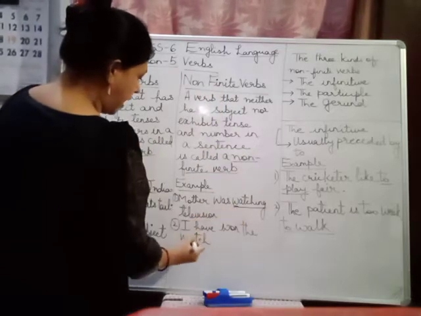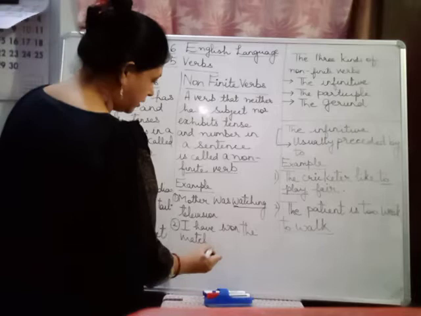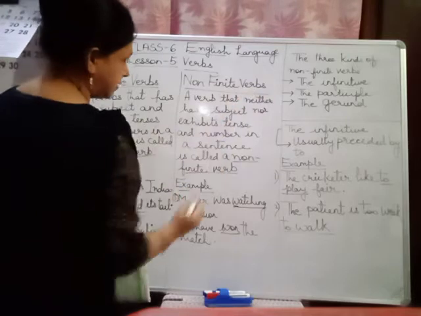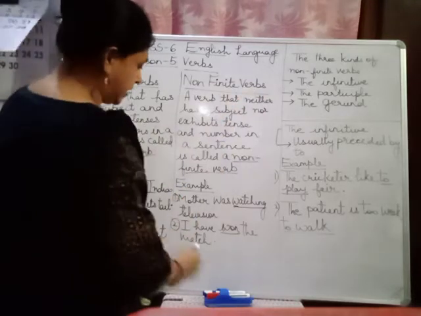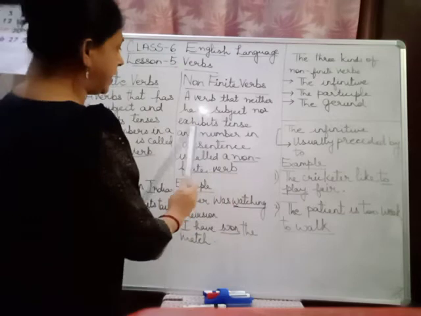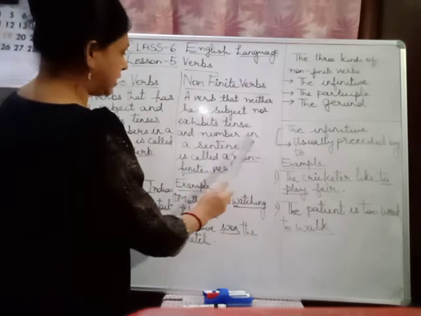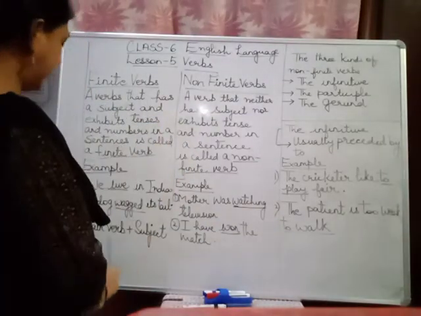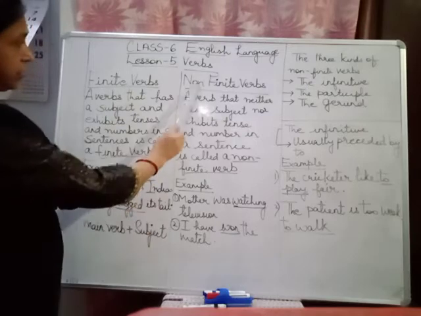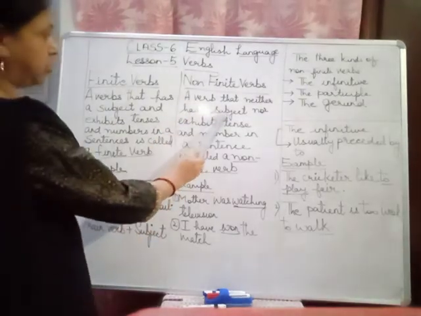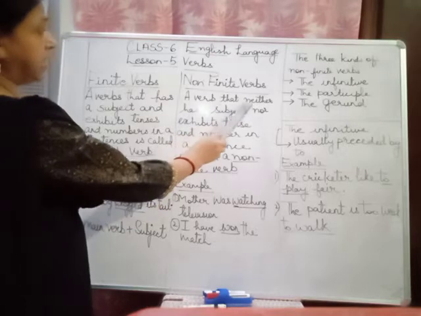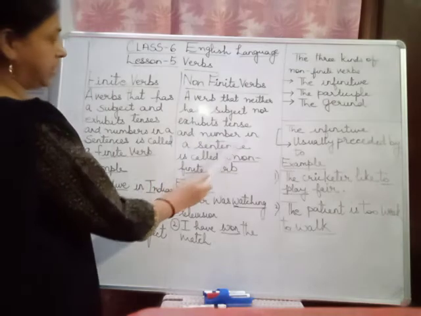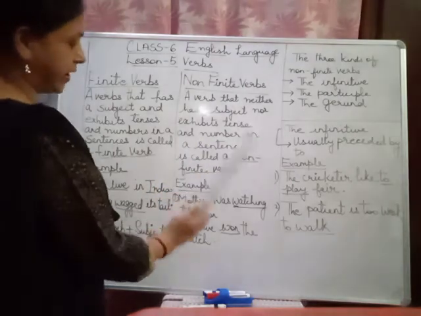I have won the match. Won is a non-finite verb. So children, we see here there is no subject and no tense and number exhibited in the sentence. So in a finite verb there is a main verb and subject, and a non-finite verb neither has a subject nor exhibits tense and number.